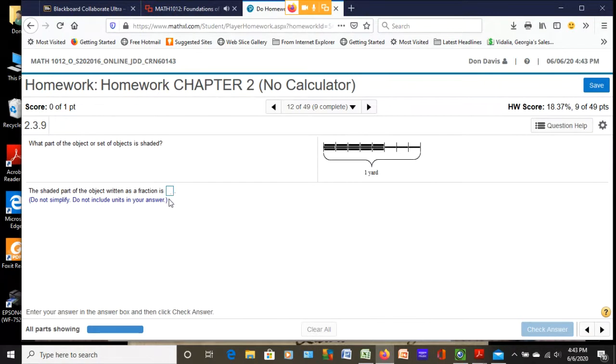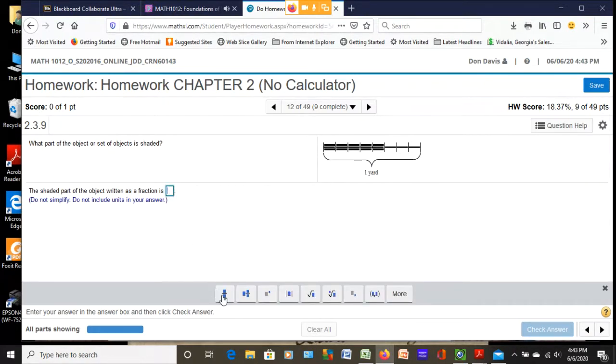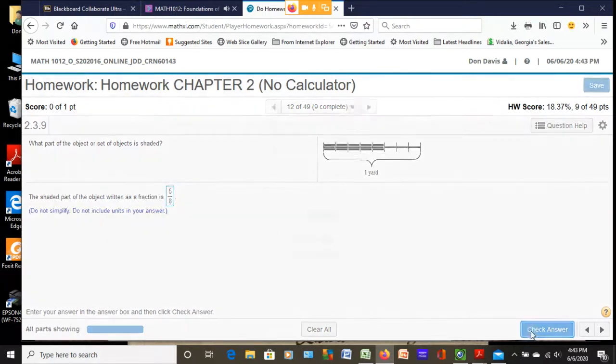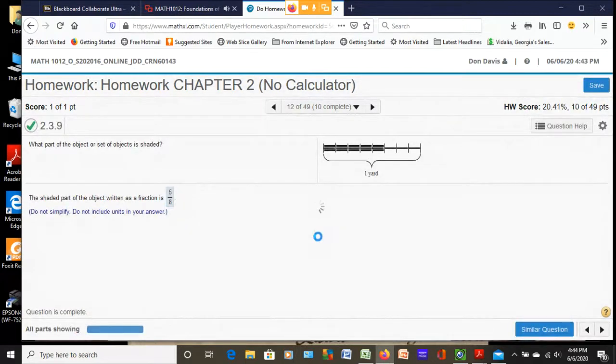The shaded part of the object written as a fraction. How many were shaded? 5. How many are there all together, including the shaded and the unshaded? Altogether, there are 8. Okay, so 5/8. Nice work, it says.